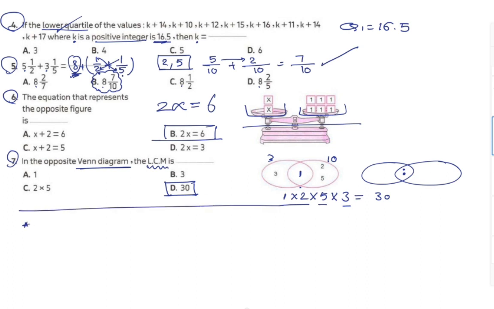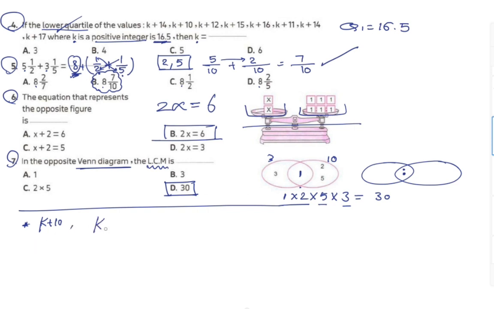Which one is the smallest? k plus 10 is the smallest. So we start with k plus 10.